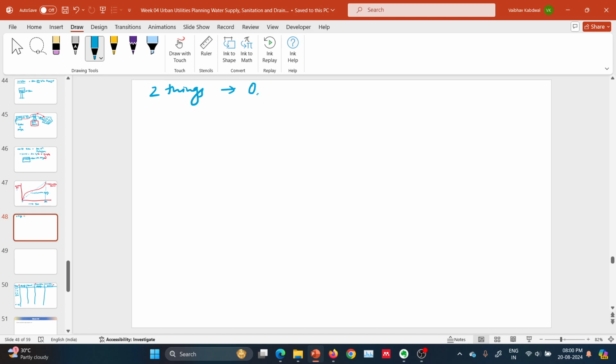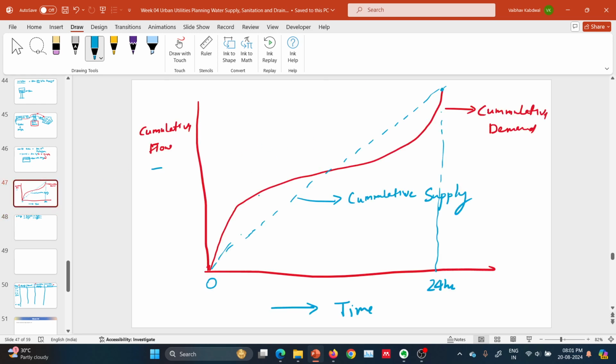One is the ordinate and second is the slope. The difference in ordinate will tell whether it is surplus or whether it is deficit, and the difference in slope.